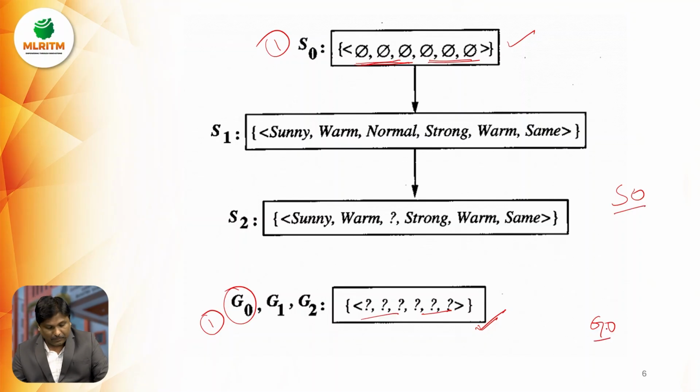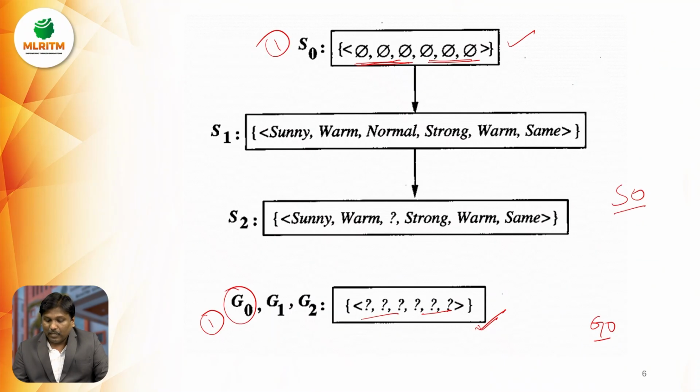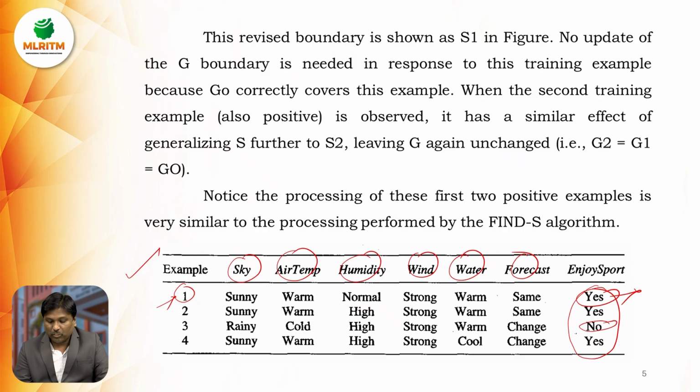In the second step, I consider the first example, and I have to check whether it is positive or negative. The first example is a positive example. For this positive example, I note down S1. That means I replace all the null set values of S naught by the specific values present in my positive training example.